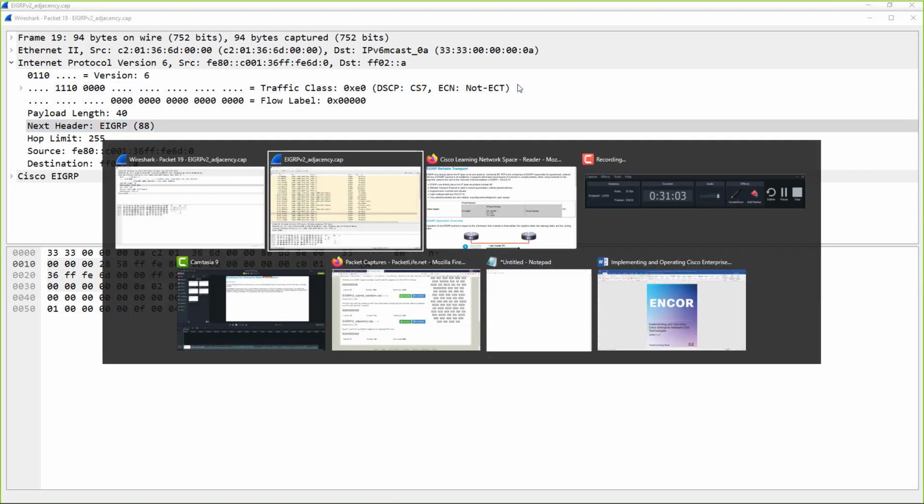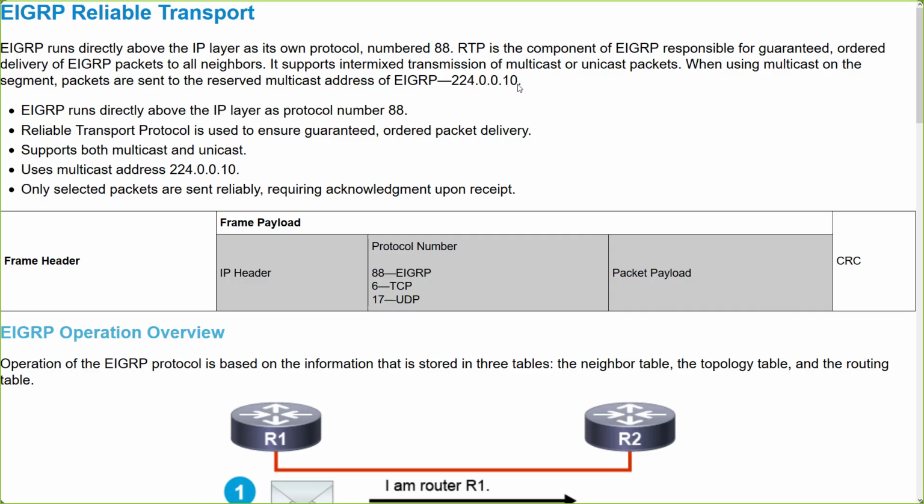Now, why is that particularly important? Well, that means that we cannot rely on transport layer reliability mechanisms like sequencing, acknowledgements, the three-way handshake with TCP, all of the flow control mechanisms that TCP provides and so on.